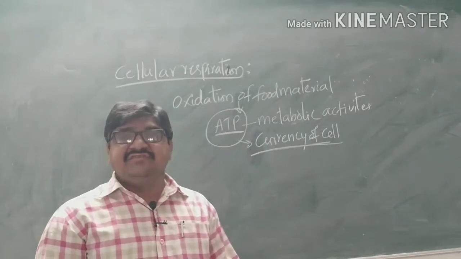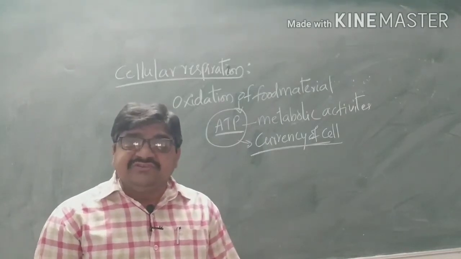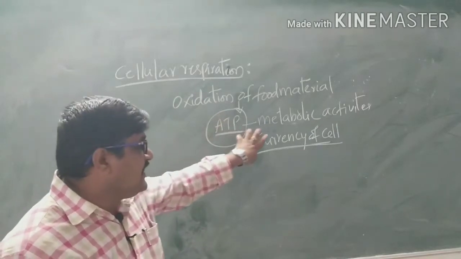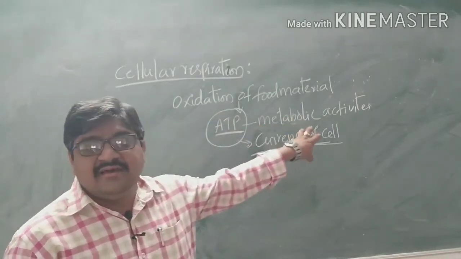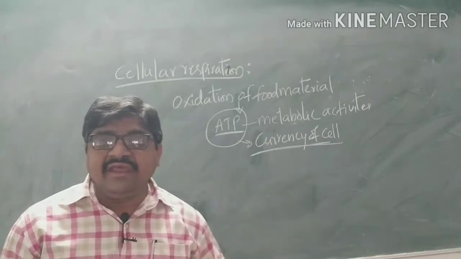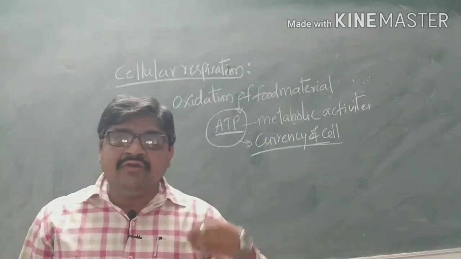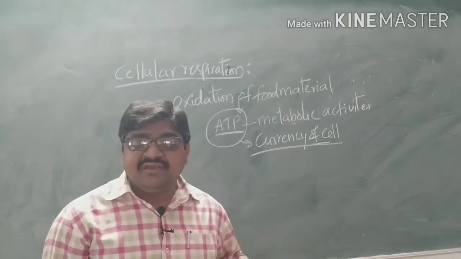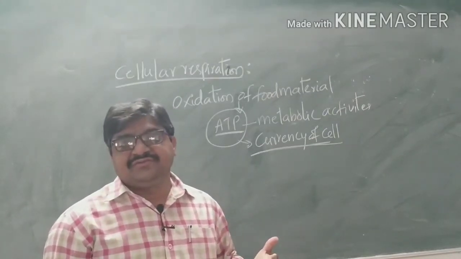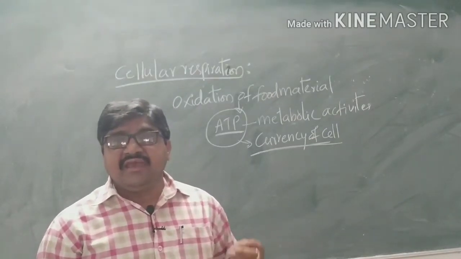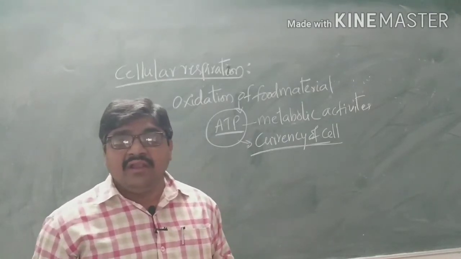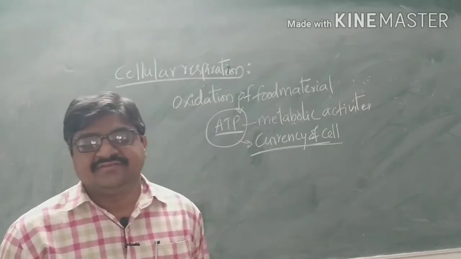So energy is very important, and the energy present in our body is in the form of ATP. So you can call it the currency of the cell. Currency means money. If you have money, you can purchase any type of goods; if money is not present, we cannot purchase. Similarly, without energy we cannot do our daily metabolic activities.